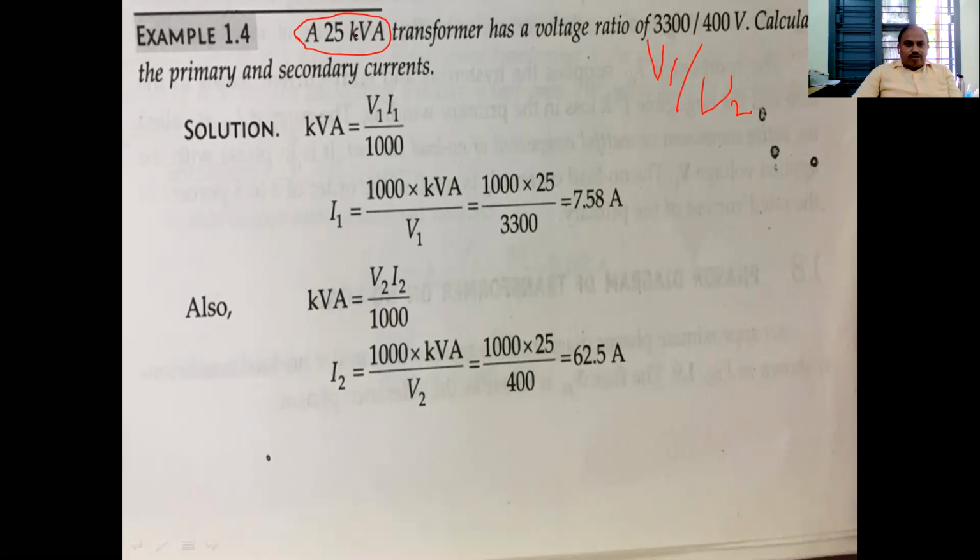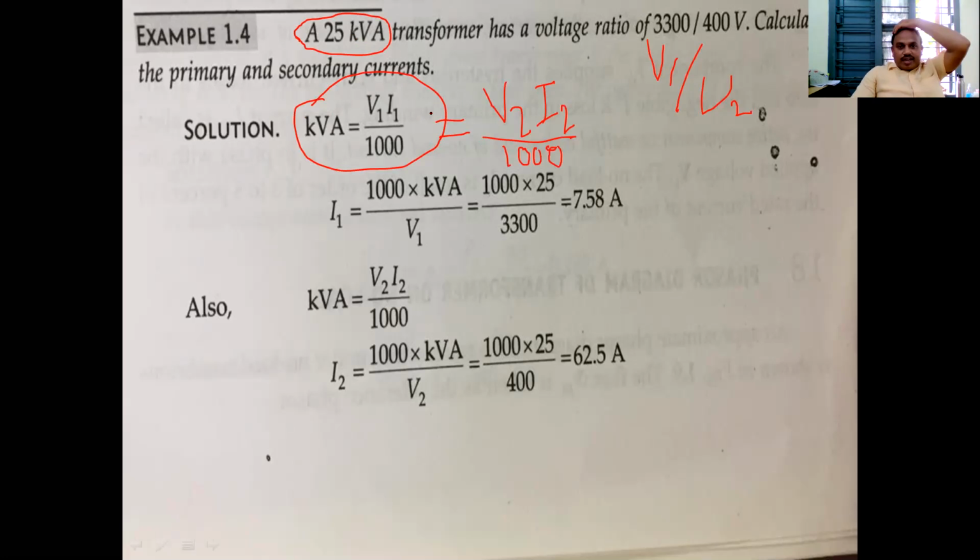K means 10 power 3, V means voltage, A means current. So the kVA rating of the transformer is equal to V2 I2 by 1000, same value.